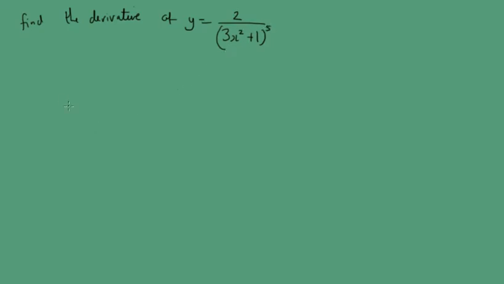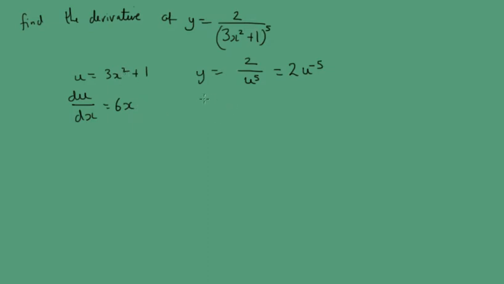So let's make u equal to 3x squared plus 1. So now y equals 2 over u to the power 5, which is the same as saying 2u to the minus 5.